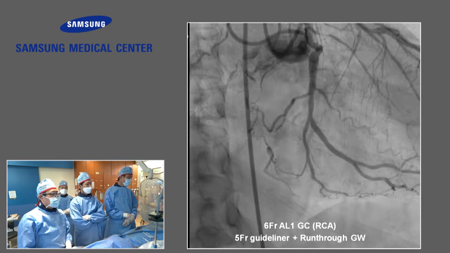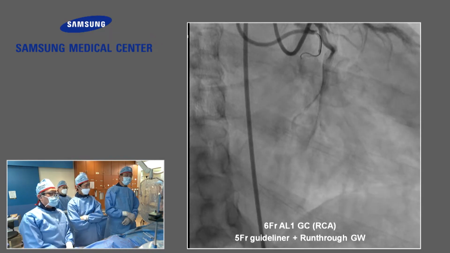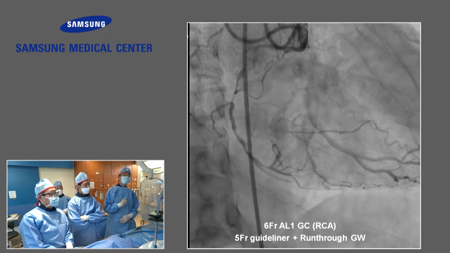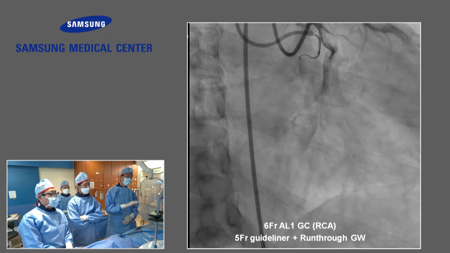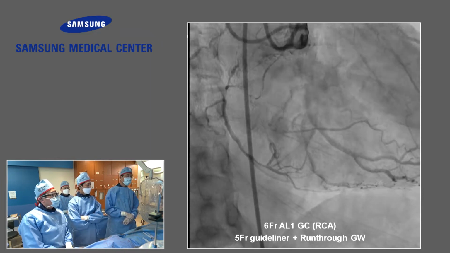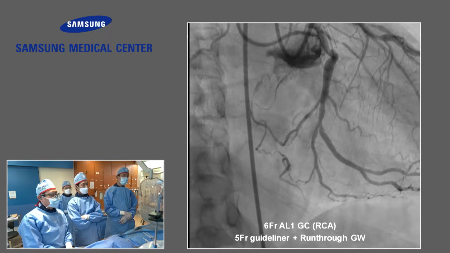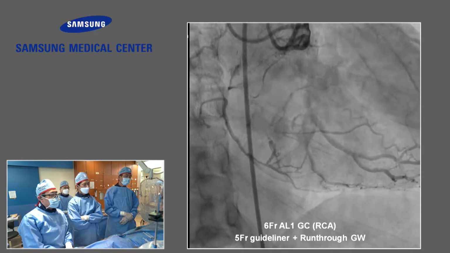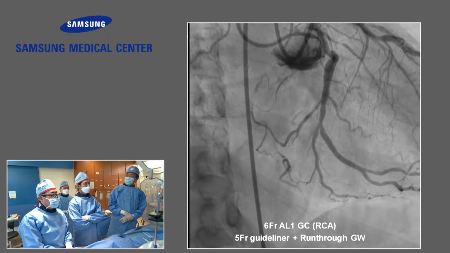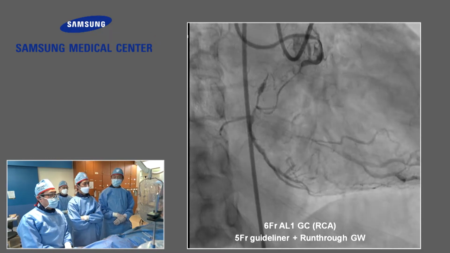Actually, we prepared the 7 French sheaths for the purpose, but I think 7 French is too dangerous. There are a lot of complications. So I started with a 6 French guiding catheter, but if needed, we change to a 7 French guiding catheter. Your point is correct, because we tried the Corsair catheter inside the 5 French Guideliner.